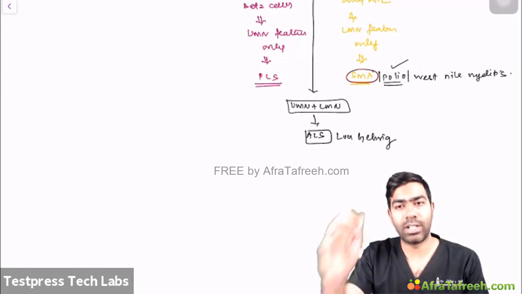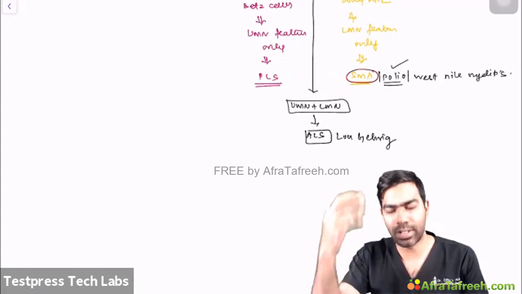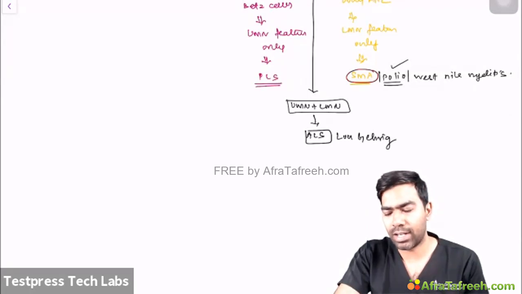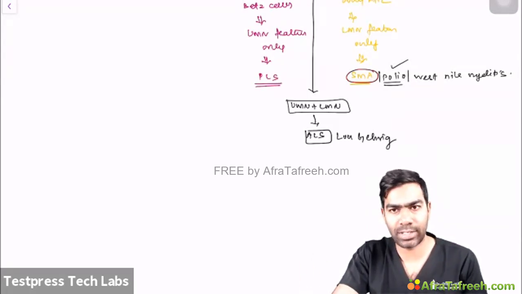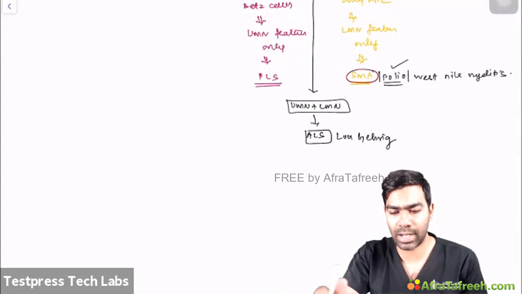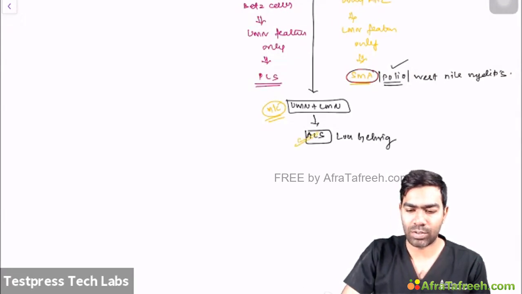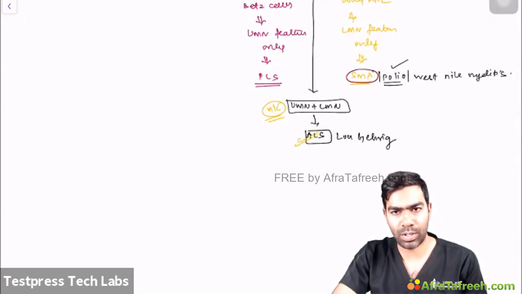You can also call this Stephen Hawking disease because Stephen Hawking died of amyotrophic lateral sclerosis, and it has both UMN as well as LMN features. That's very classical of amyotrophic lateral sclerosis. If they ask you the most common MND in the world right now, that is amyotrophic lateral sclerosis only.